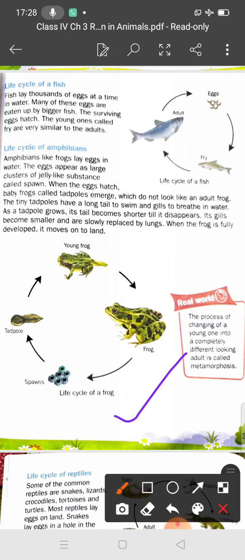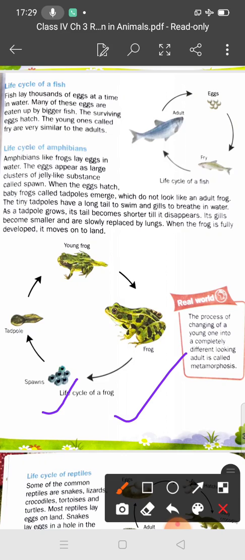Cluster means a group of jelly-like substances. They appear as a group, more than 4 or 5, and can be more than 10 also. So they appear as a large cluster.